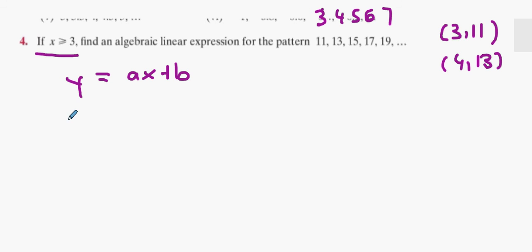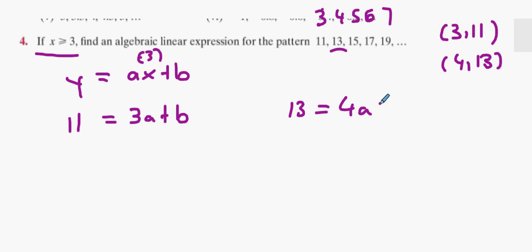Yeah, 11 equals 3a plus b. And what about the next one, 13? 13 equals 4a plus b. Happy enough with that? Do the top one, take away the bottom one.